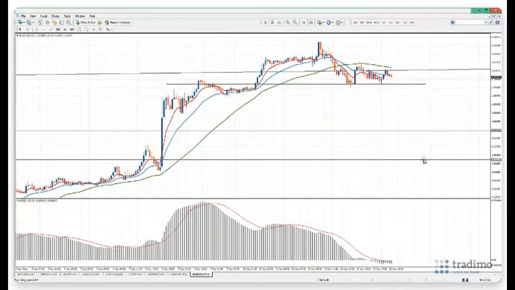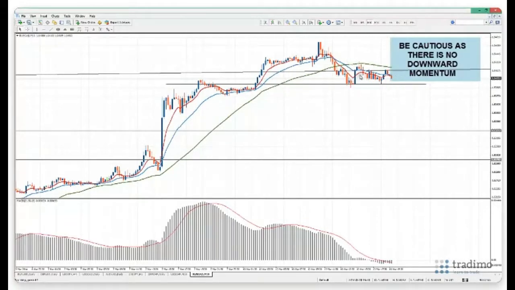If we look at the MACD, you can see we are currently down in terms of momentum. Starting to push down, it has slowed down a little bit. So in terms of looking for selling opportunities at this moment in time on a 15-minute chart, although we are at key resistance, we want to be cautious because momentum hasn't quite moved to the downside just yet.